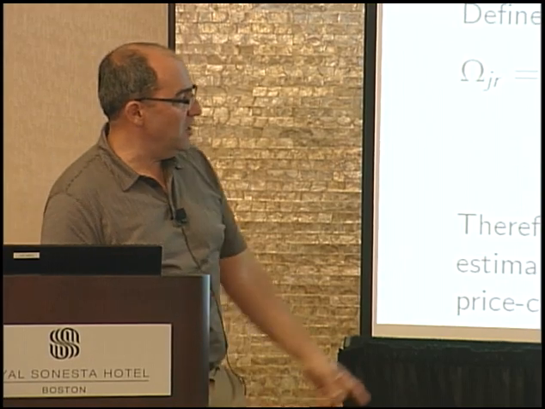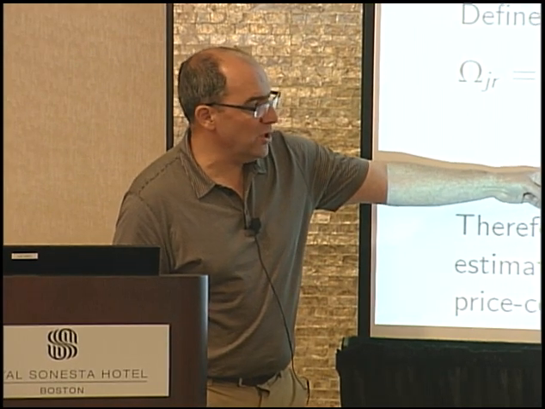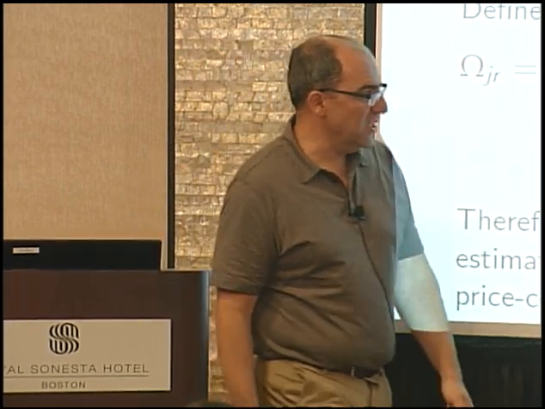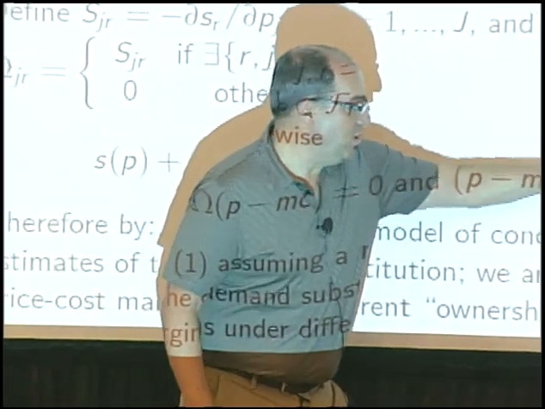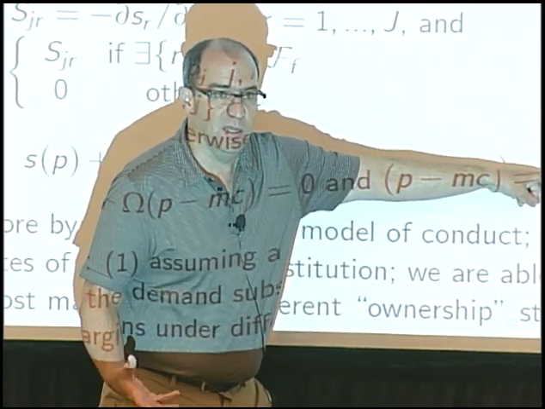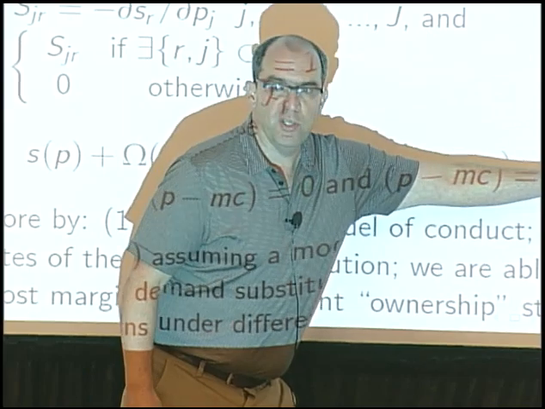But with that in mind, you can basically say these are the first order conditions, and in principle what they mean is that the markup is just equal to this matrix, which is a function of demand derivatives and the ownership and the market shares, right?